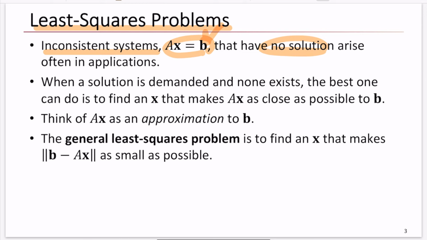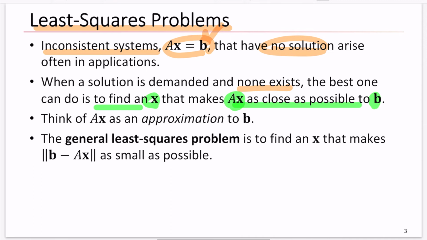When a solution is demanded and none exists, the best one we can do is to find an x that makes Ax as close as possible to b.